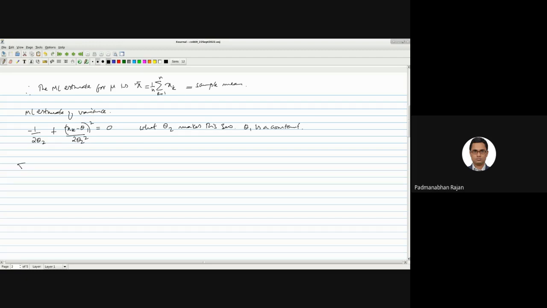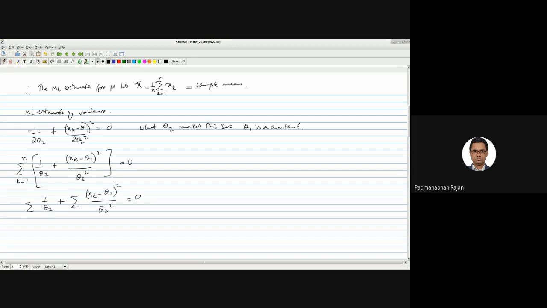If I do it for all data points, I will have the summation k goes from 1 to n, 1 by theta 2 plus this summation over the whole thing, (xk minus theta 1) whole square by theta 2 square equal to 0.